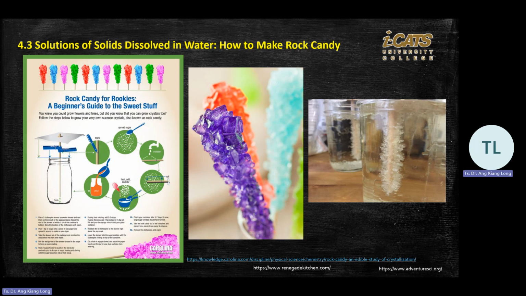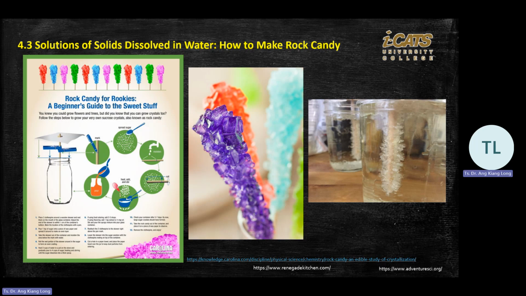So how to do it? It's very easy. You form a supersaturated solution. You pour in sugar, then you mix. You heat it up, you pour it in the jar. Then you use bamboo sticks.